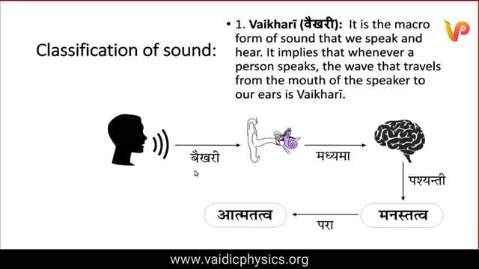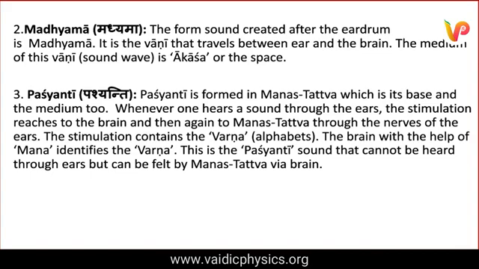This type of sound which travels in the air we call Vakhri. The second is Madhyama, the form of sound created after the eardrum. It is the sound that travels between the ear and your brain. The medium of this sound is akash or space.